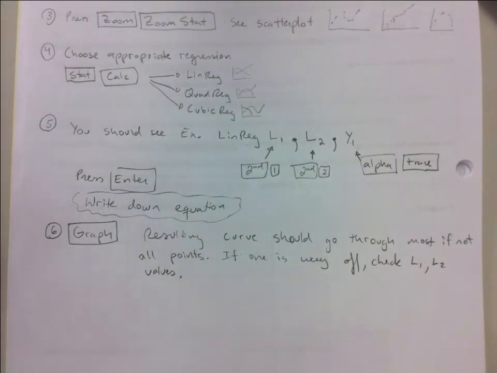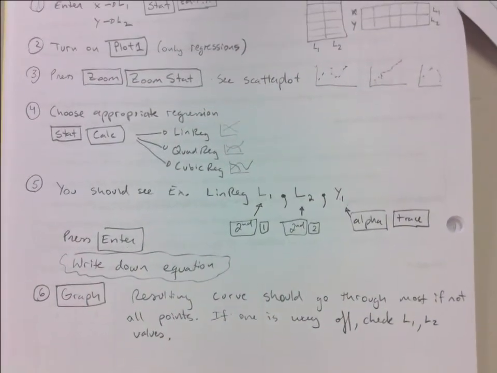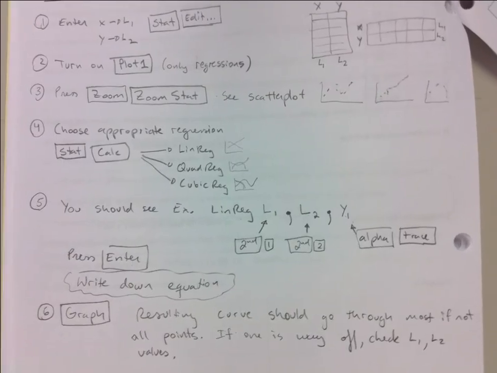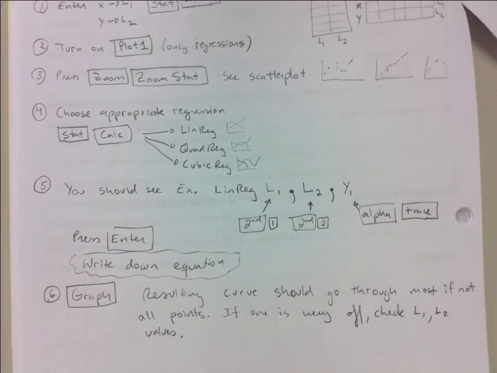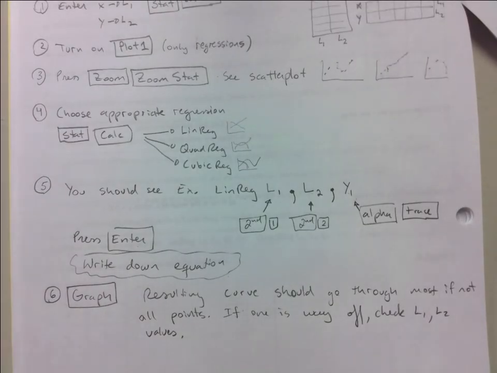So this is basically how to perform a regression. If you need to pause and write this down, I'm going to make it show up all on the same screen here, and then we'll continue with the example. All right, one more thing I want you to highlight is the commas. These are actual buttons you press.